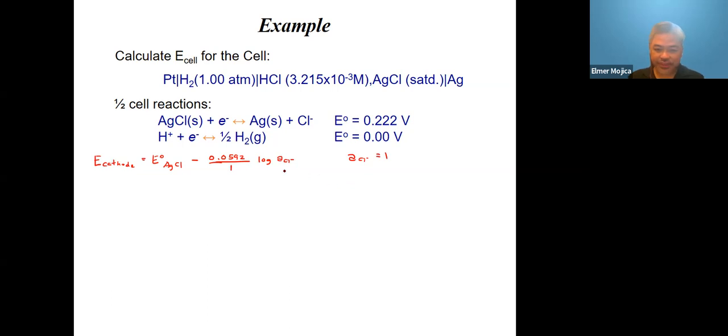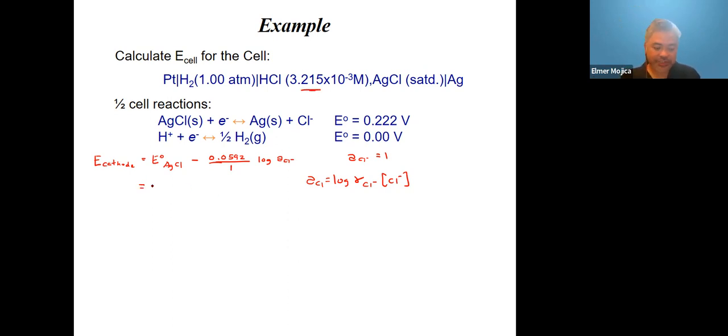So we can convert this: log activity of chloride equals log of the activity coefficient of chloride times the concentration of chloride. Where do we get the concentration of chloride? I think we're going to use that.